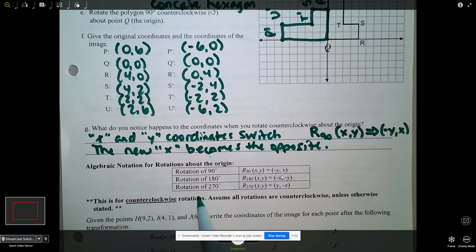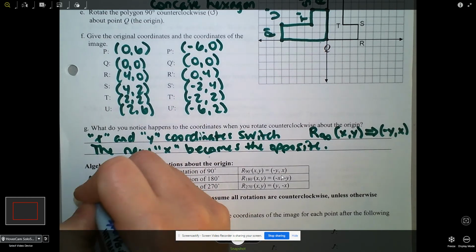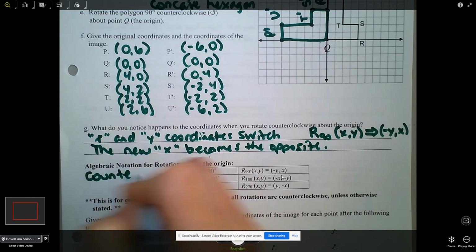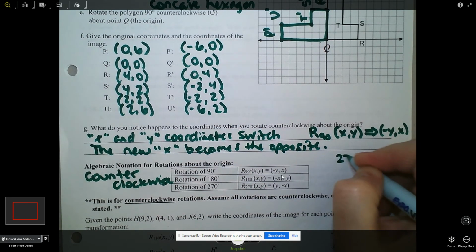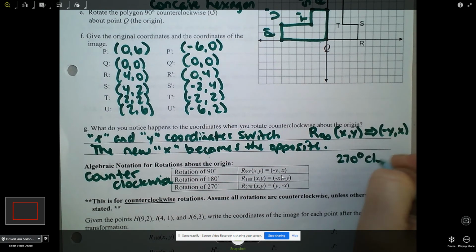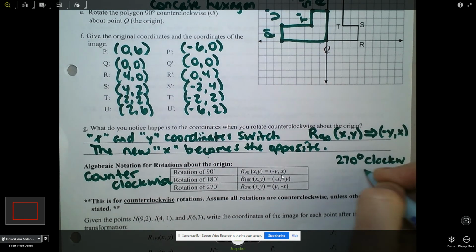You'll see it says this is for counterclockwise rotations. This table, very specifically, all 3 of these rules are specifically for counterclockwise. So if the directions on an assignment asked you to rotate something clockwise, in your head, you would have to say, oh, well, if it's a 270 degree clockwise, that's equal to a 90 degree counterclockwise.